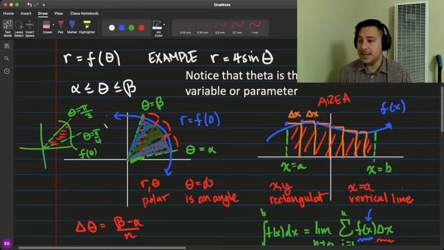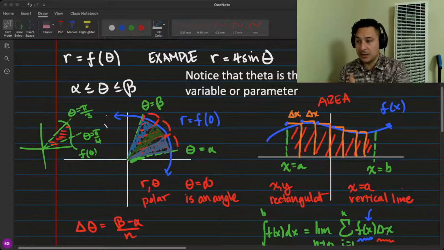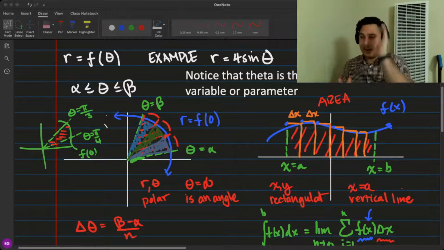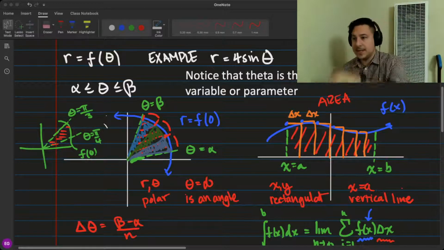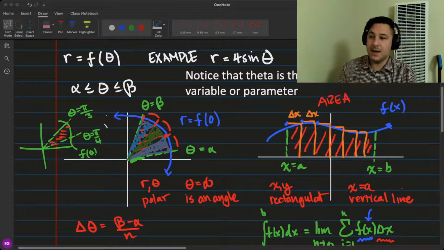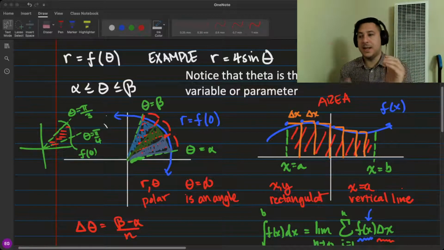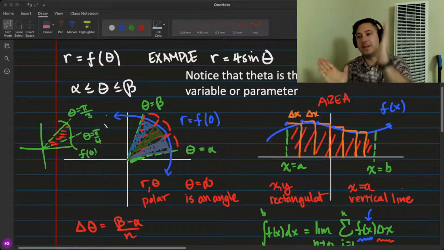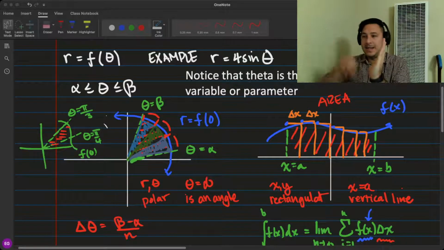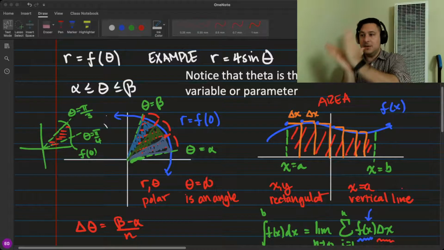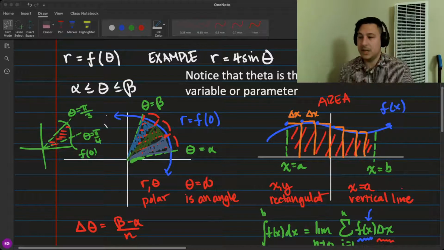And just like on the rectangular side, you break up x equals a to x equals b into equal size delta x's, you do the same thing on the polar side, where you break up theta equals alpha to theta equals beta into delta thetas. So you get these little angle chunks that are equally spaced.